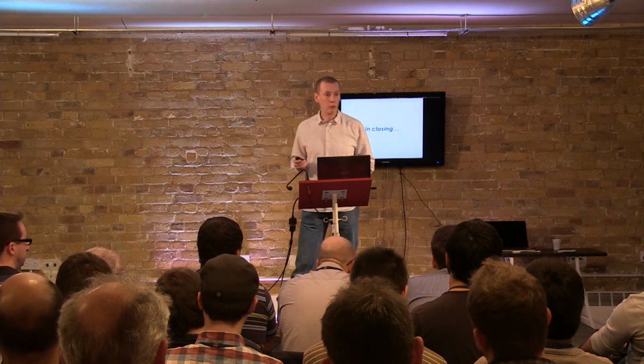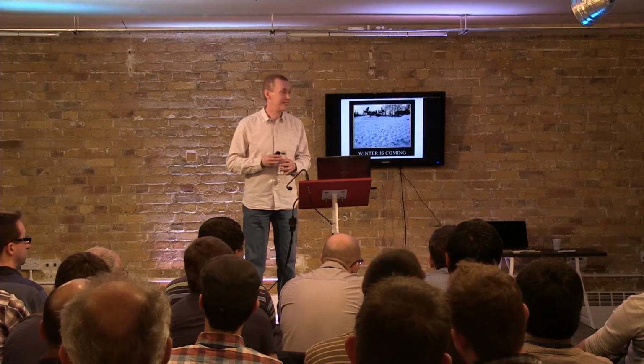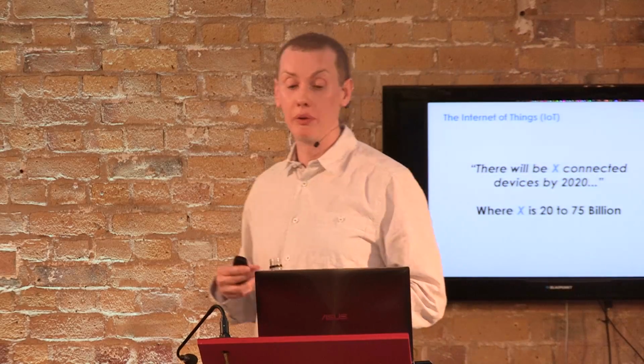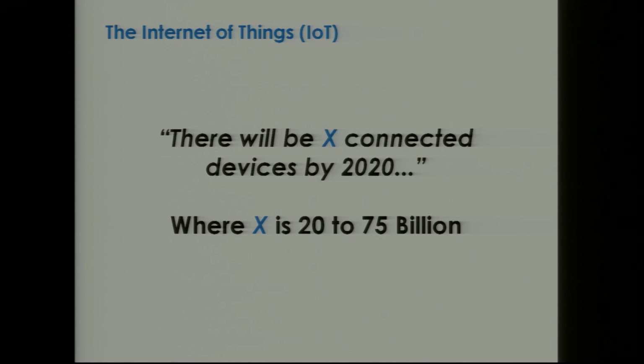So, kind of now wrapping up in closing, there's something coming. What is coming? Is it winter? What's actually coming is the Internet of Things, and Internet of Everything, whatever you want to think. Depending on your point of view, it's going to be somewhere between 20 and 75 billion devices connected by 2020.